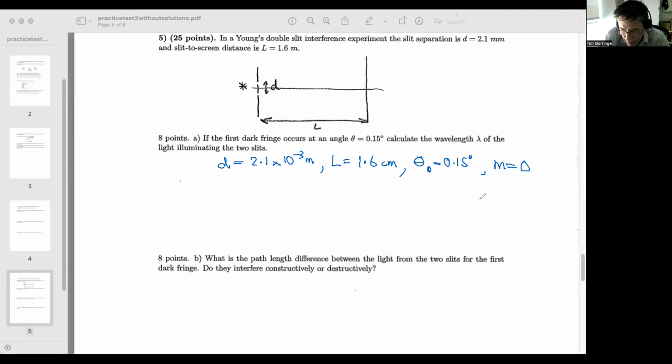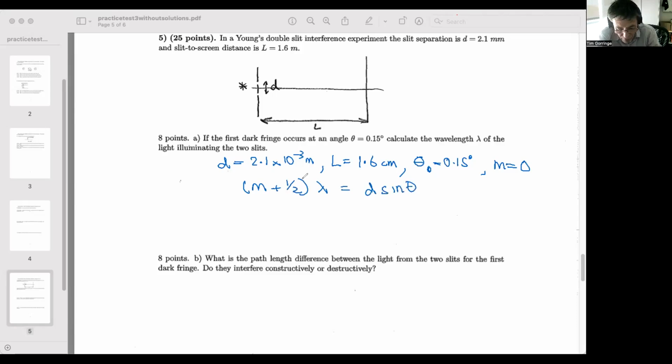If you remember, there are equations for the angles of the bright and dark fringes in the two-slit experiment, and also equations for the positions on the screen of the bright and dark fringes. In this case, we're dealing with a dark fringe and with the angle, the direction of the dark fringe. So we want the equation that describes the angle for dark fringes, and it's this equation here.